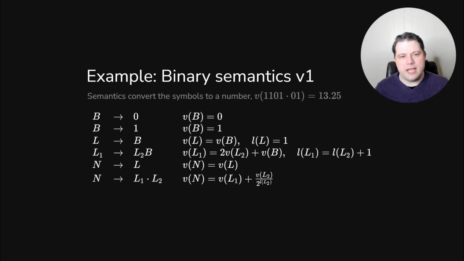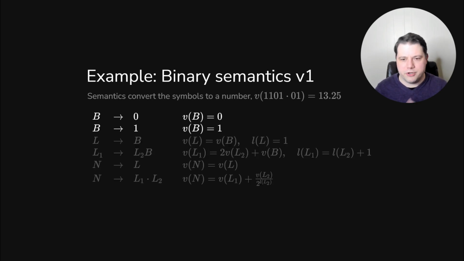So in this example, the semantics will serve the role of just converting the number, the string of digits, into its final numeric value. So at the bottom, you see the number was going to be the final calculation. Let's step through these rules just briefly. You don't have to understand them fully.